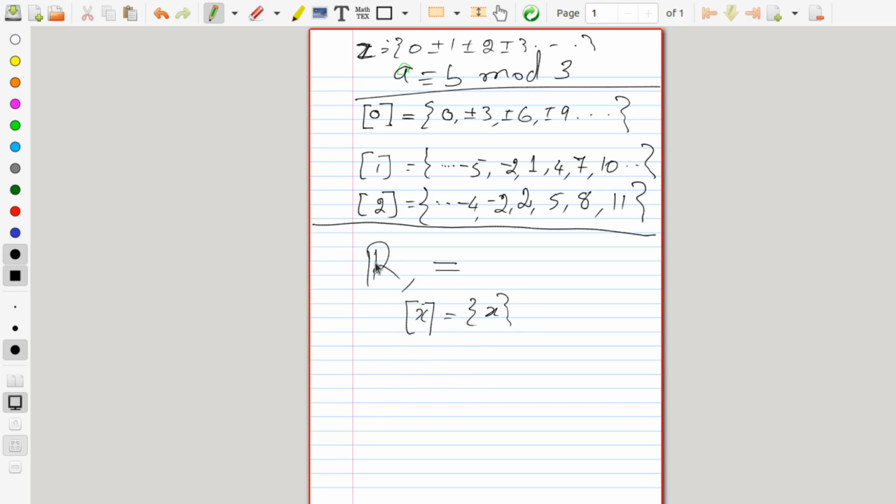All the equivalence classes under this equal to relation are singleton sets, and there are infinitely many equivalence classes. So that's the nature of an equivalence relation, and I think that's enough for this particular class.